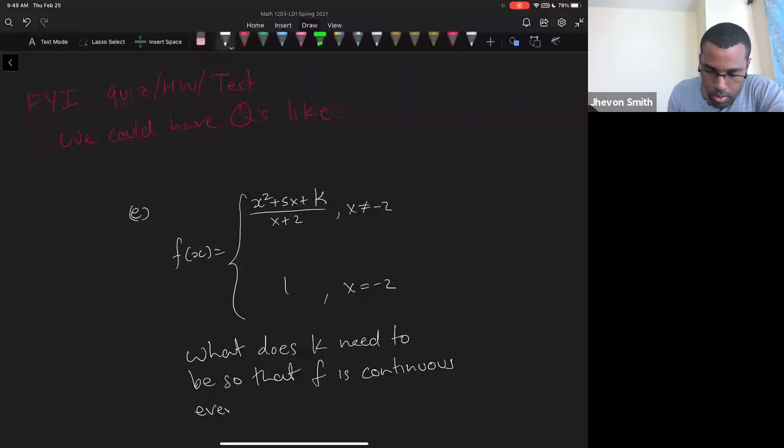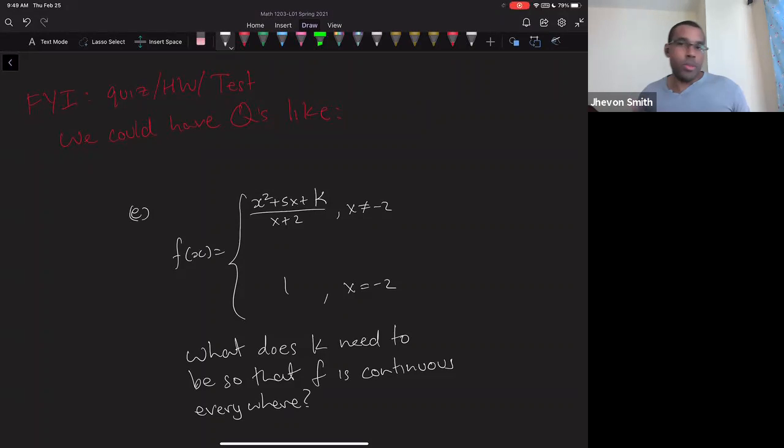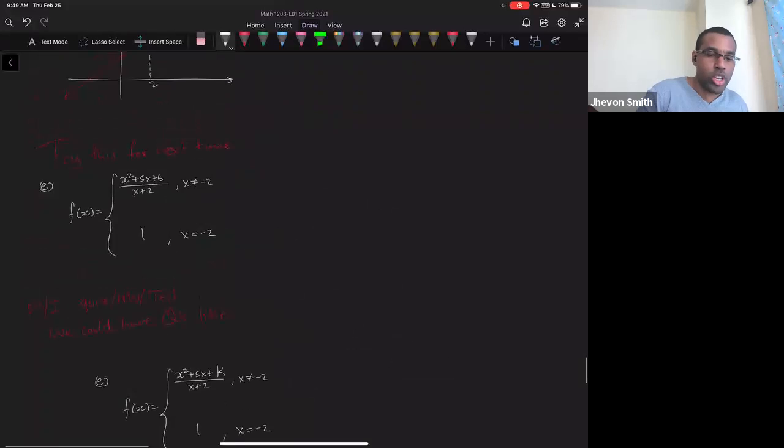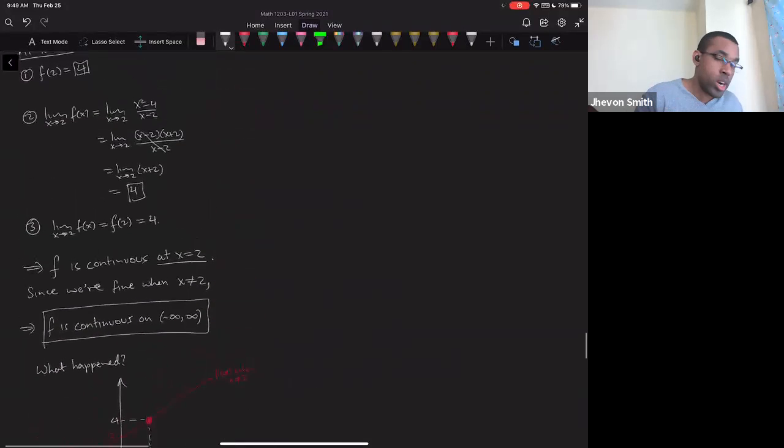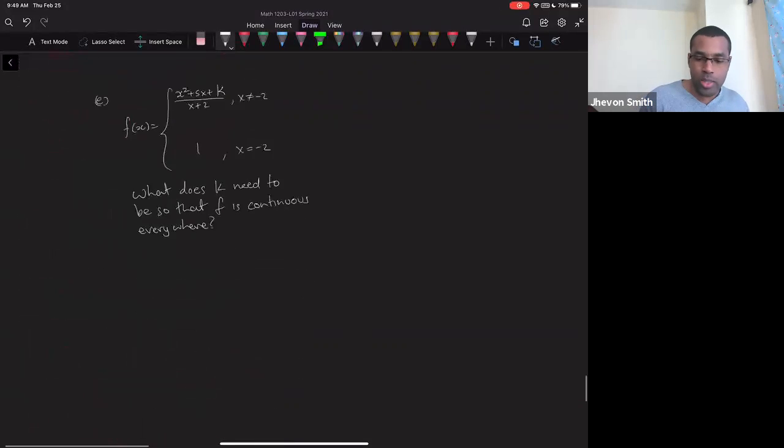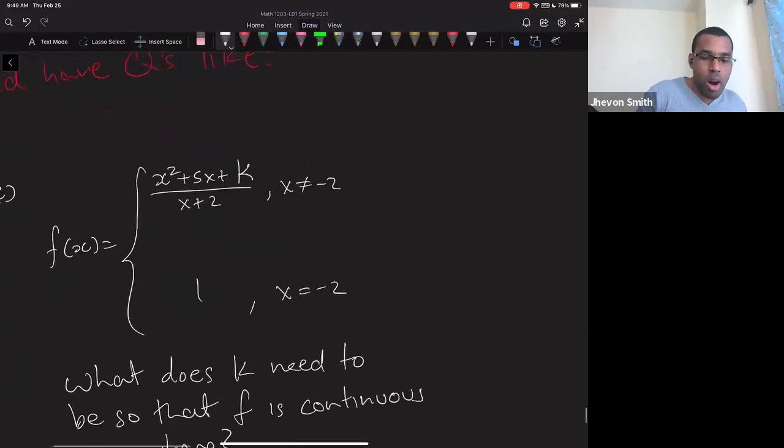Right? So when it comes to continuity, you should know how to recognize it from a graph. If I gave you a very specific function, you should know how to examine it to tell me exactly where it's continuous and where it's not, as well as if I leave a part of a function vague and ask you, how do you need to fix this in order to make the function continuous?